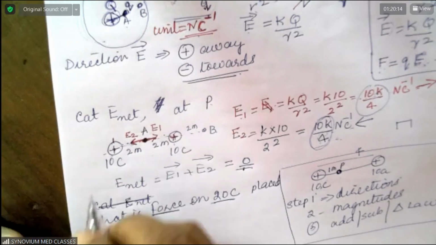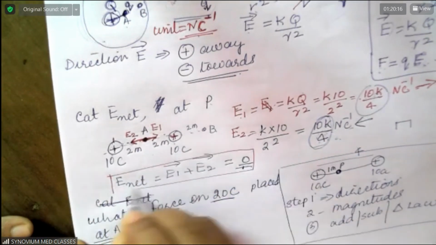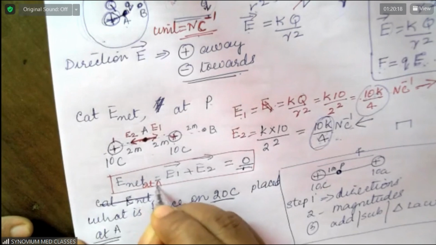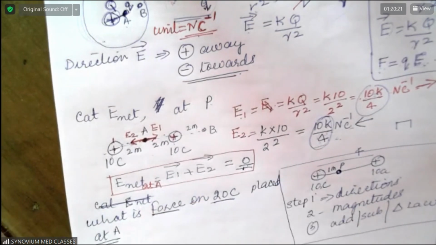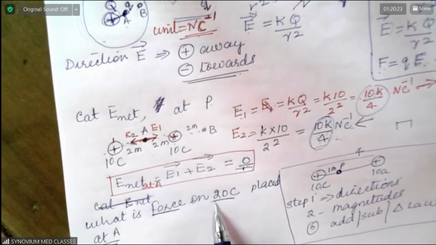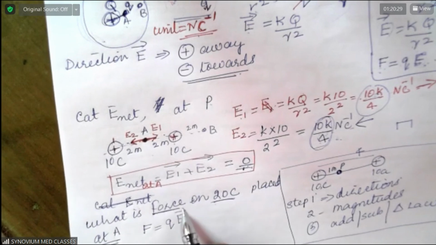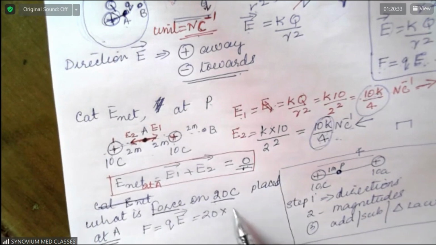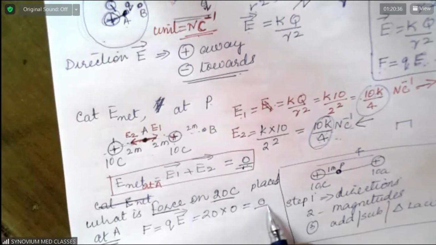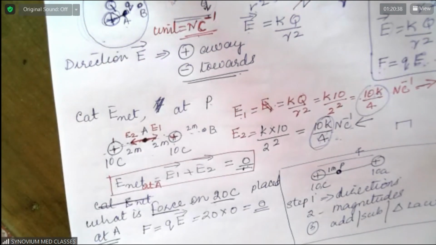This is the key point. Electric field at A, you got it as 0. If you know this, it is going to be easy. Because what is the formula for force? Force is equal to charge into electric field strength. So charge is 20, electric field strength is 0. Therefore, force is also 0.